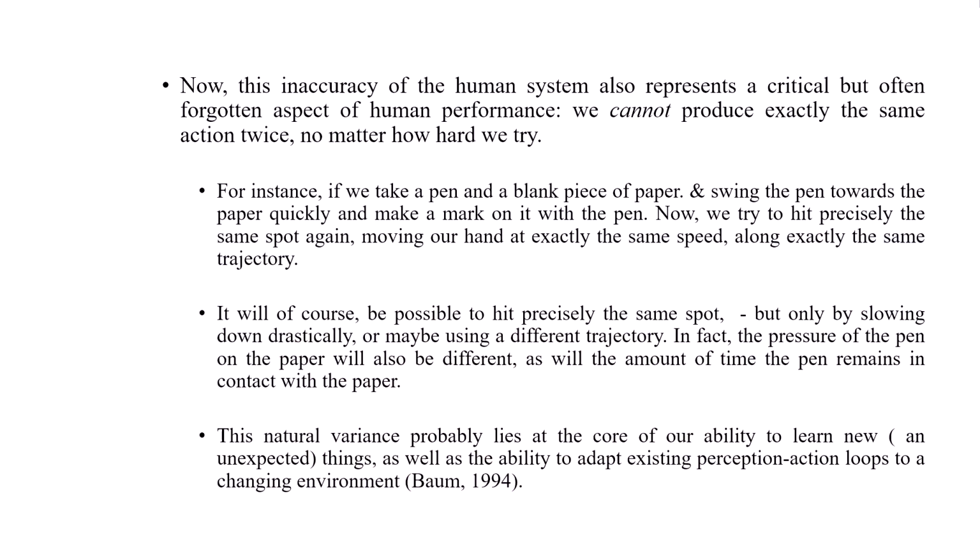This natural variance in how we perform lies at the core of our ability to learn new and unexpected things, as well as the ability to adapt existing perception action loops to a changing environment. Remember, this is very important in the larger scheme of understanding how people respond in a given experiment, and unless we understand it, designing great, specific experiments becomes an issue.